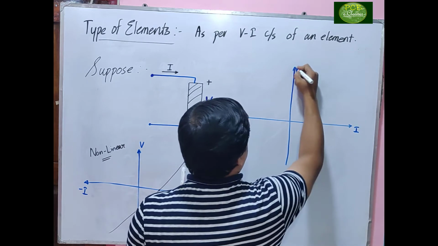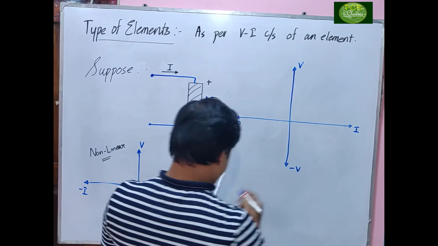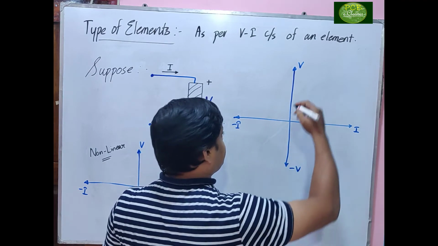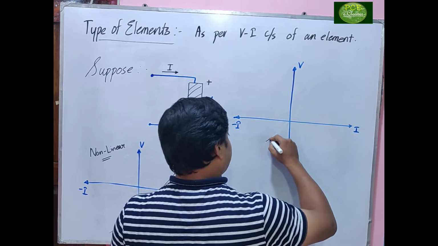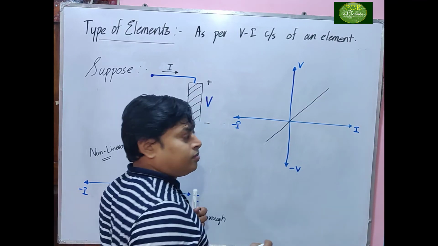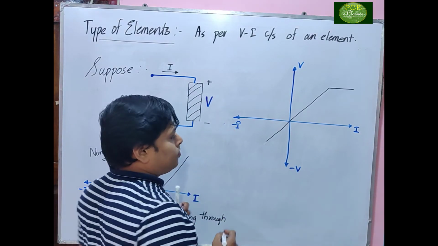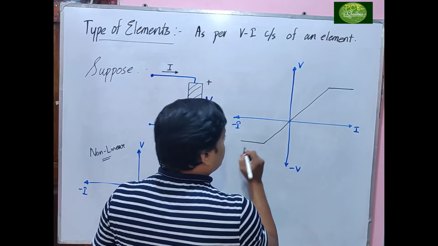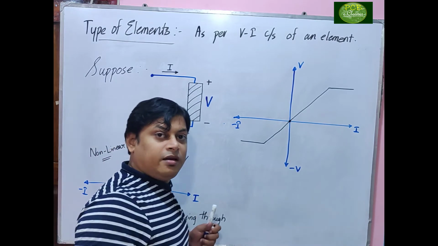This I, this V, this minus I, minus V, and the characteristic is in this way. Is it following straight line?